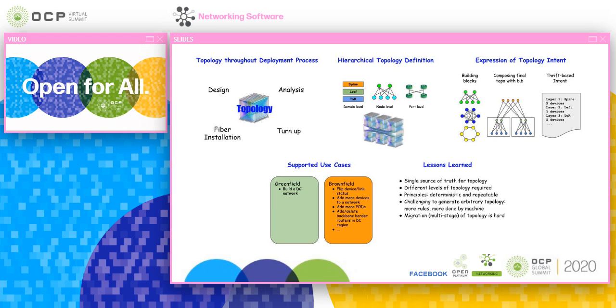On the left corner, we aim to show that the network topology is used throughout the 4 phases of the deployment process, including planning, design, deployment, and turn-up. In the planning phase, based on the prediction on the growth of bandwidth demand, we make decisions on where a new data center should be built or which existing data center should be expanded.